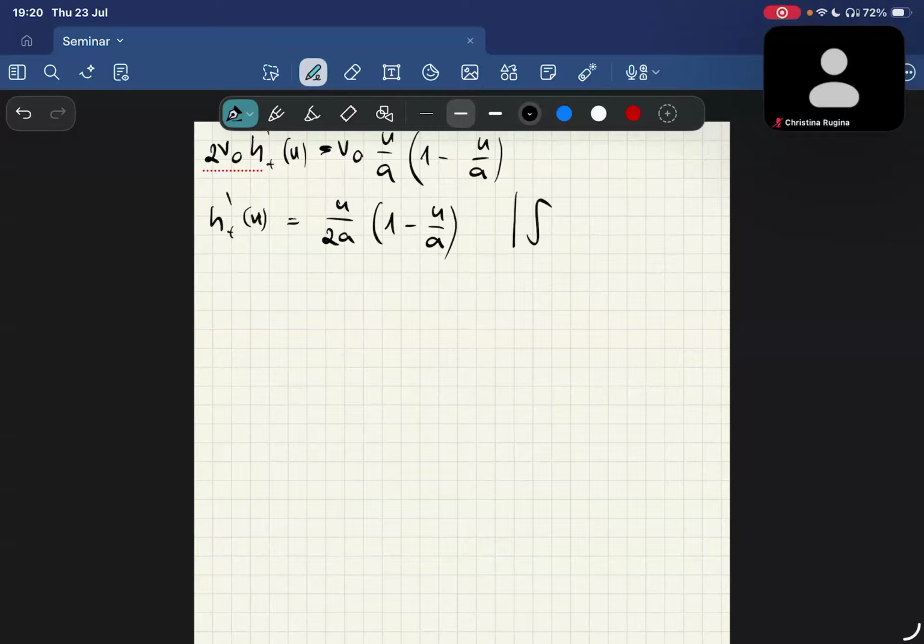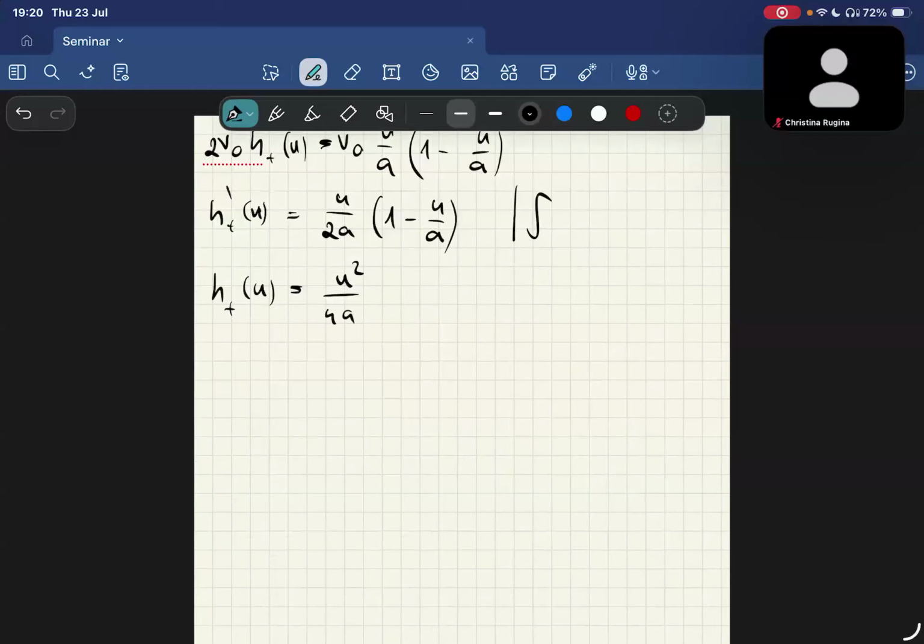So we get h plus of u is equal to u squared over 4a minus u to the third power over 6a squared plus c.